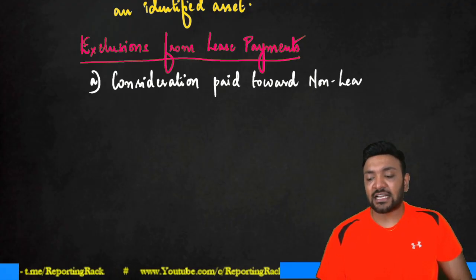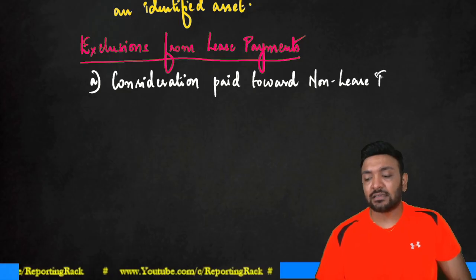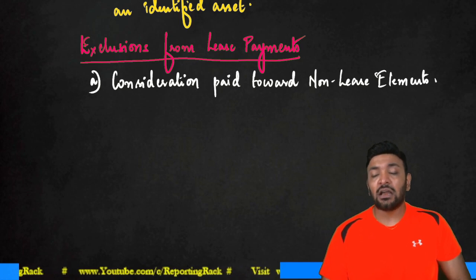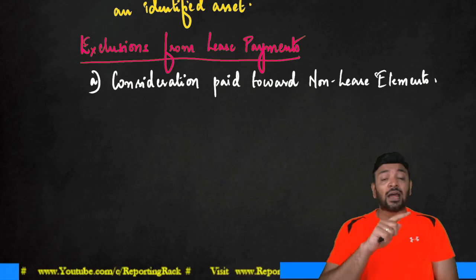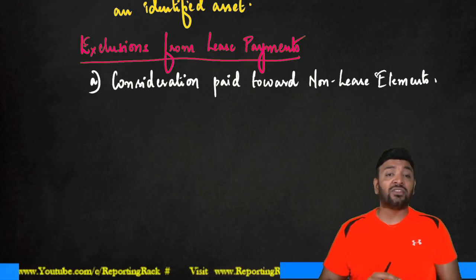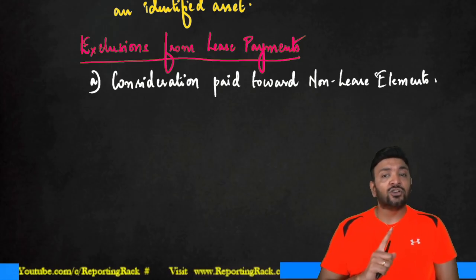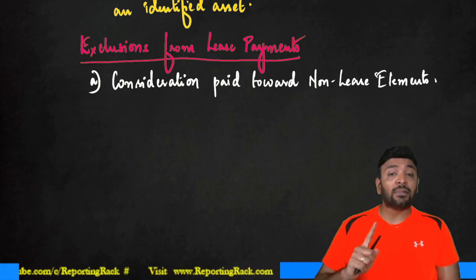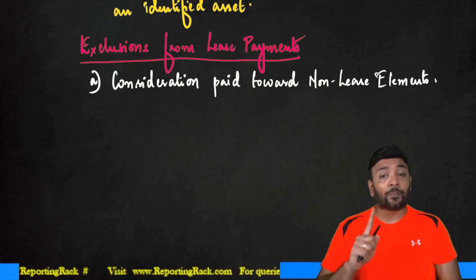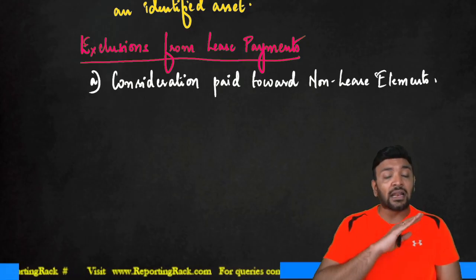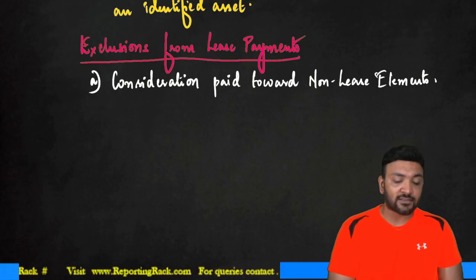In our previous session, we did discuss this concept of separation between lease and non-lease elements. How do you divide the consideration among lease and non-lease elements? That was in the proportion of their standalone selling price. So that was the non-lease elements which are separated from the lease component, and that consideration which you paid towards the non-lease elements are excluded from your lease payments.